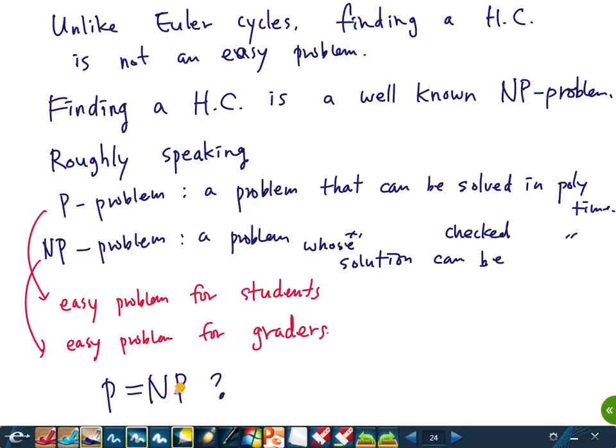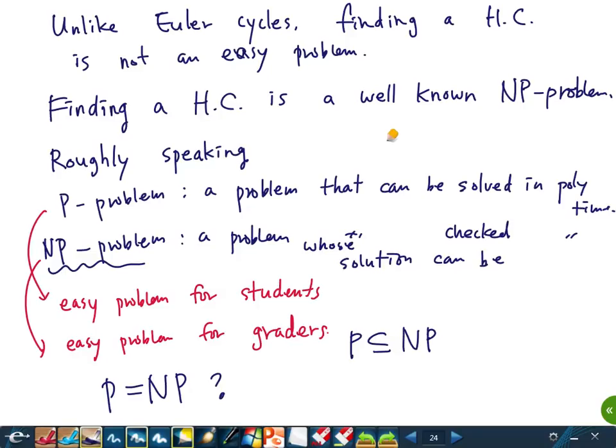All we can say is P is a subset of NP, but we don't know if this is a proper subset. Because, you know, for the Hamiltonian cycle problem, no one was able to find a polynomial time algorithm. That doesn't mean that there is no such algorithm. Maybe some algorithm is hidden, still undiscovered.